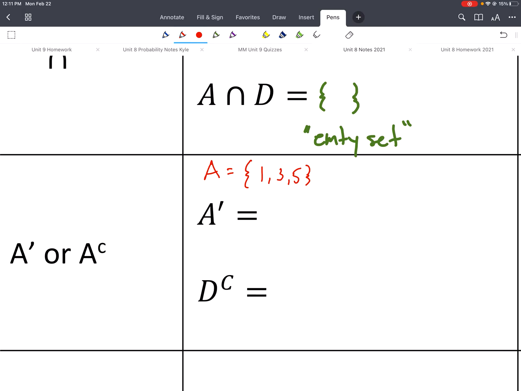Then the complement would have to be everything but 1, 3, and 5. Again, we know our universal set is 1, 2, 3, 4, 5, and 6. So this limits how big our set is. It would have to be 2, 4, and 6, the evens. So if A is the odds of the universal set, then the complement is the evens of the universal set.